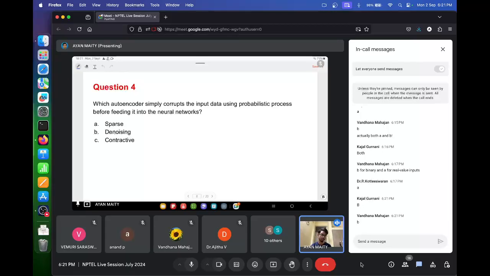Kajal says option B, Vandana says option B. So denoising. Dr. R. Koteshwaran says option B.